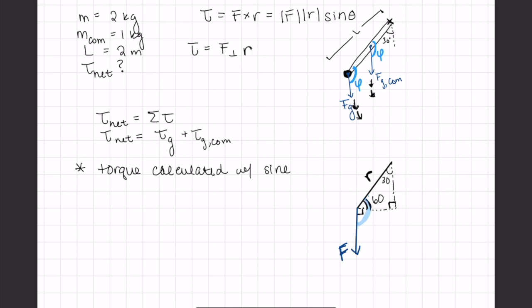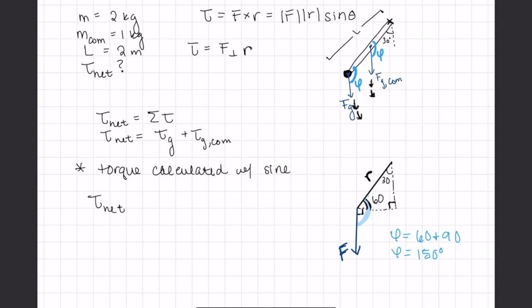So from looking at the picture, our phi is going to be equal to 60 plus 90, or 150 degrees. So cool. Once we have that, we can plug in and find our net torque.